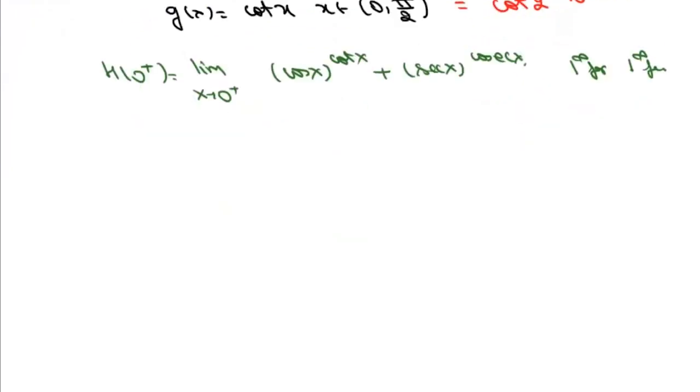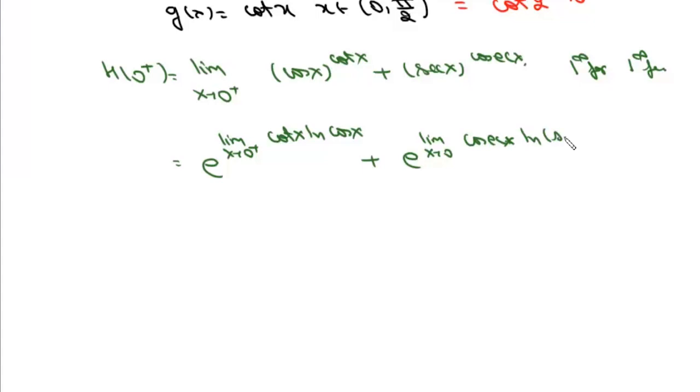So now we can write this as e to the power limit x tends to 0 positive of cot x log cos x, plus e to the power limit x tends to 0 of cosec x into log secant x.